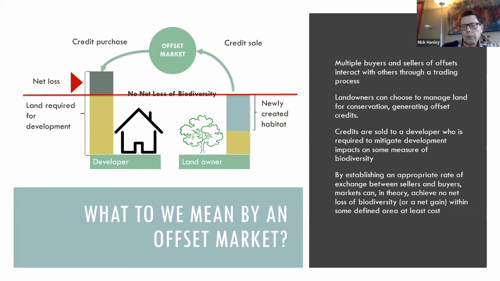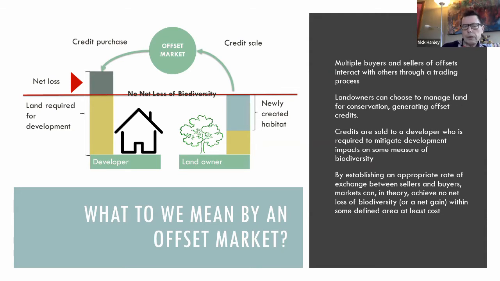But the idea is by establishing an appropriate exchange rate between sellers and buyers, we can, in theory, and I guess that's an important thing to say, in theory, achieve either no net loss of some biodiversity metric, let's say species abundance for a particular species, or a net gain in that same metric at lowest cost.